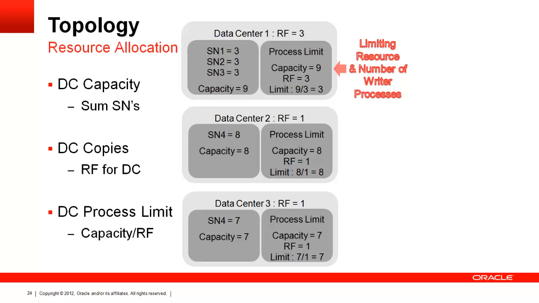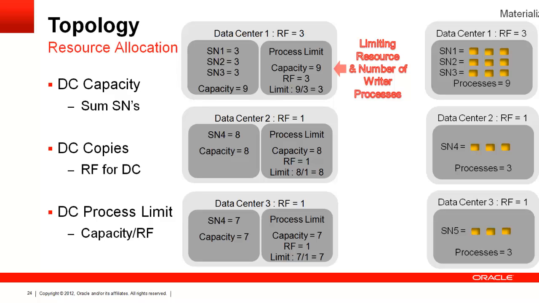And so what will actually happen when you say deploy this plan that you're looking at is it will place one copy in the storage node in data center 3, and then for that copy it has to place another copy in the data center 2, only one copy because its rep factor is 1, and then when it goes up to data center 1, it has to have 3 copies, so it's going to deploy 3 processes. Okay, and so it repeats that.